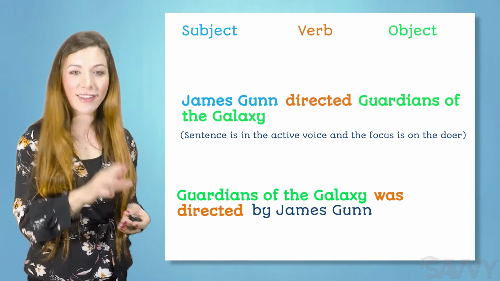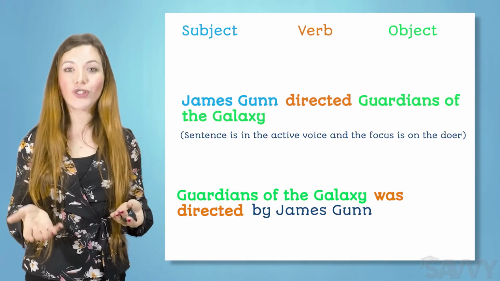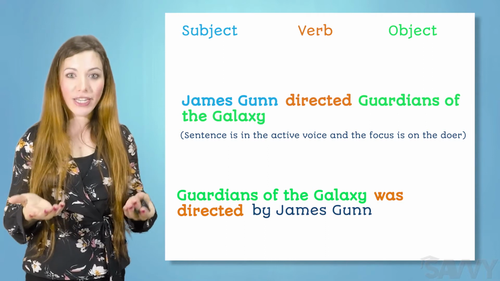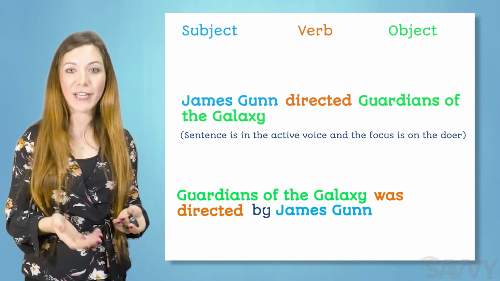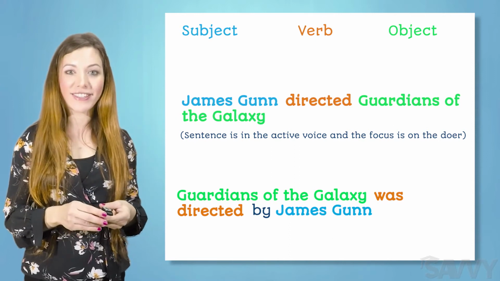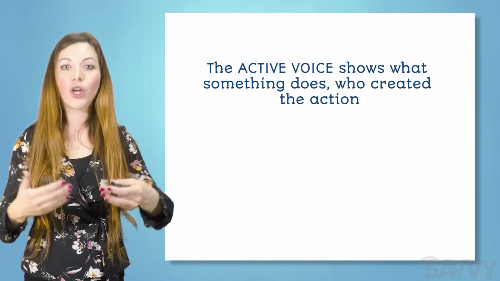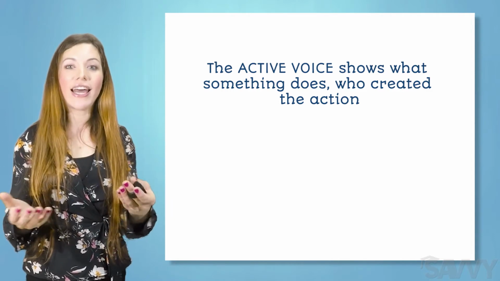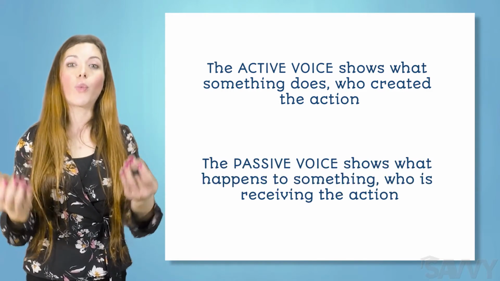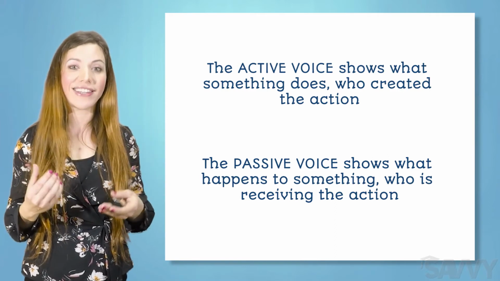And notice that there's a word over there, by. By is introducing the doer, who created the action, James Gunn. So that sentence is in the passive voice. We can say that the active voice shows what something does, who created the action, and the passive voice shows what happens to something, or who or what is receiving the action.